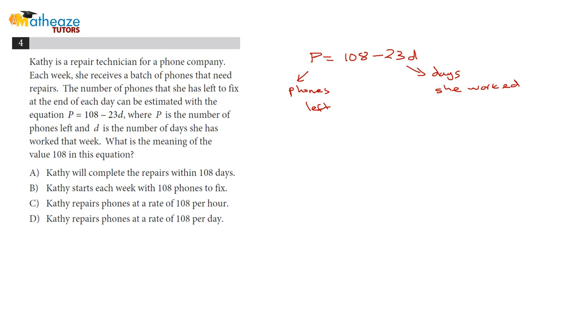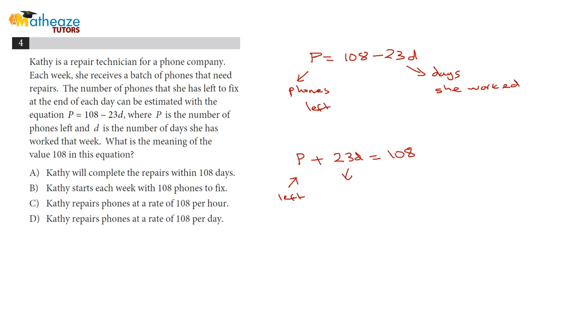We can look at it in several ways. First of all, let's try this approach of having P plus 23D equal to 108. So this is the number of phones left over plus the number of days she worked multiplied by 23. So that gives us 108.